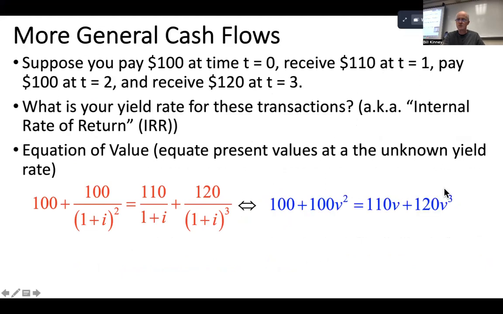It can also be written in terms of V. Let me just double check that it looks right. The left-hand side numbers are the outflows, which occurred at time 0 and time 2. The right-hand side numbers are the inflows, which occurred at time 1 and time 3.